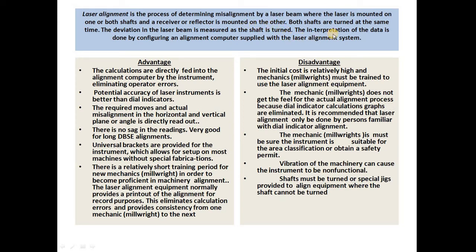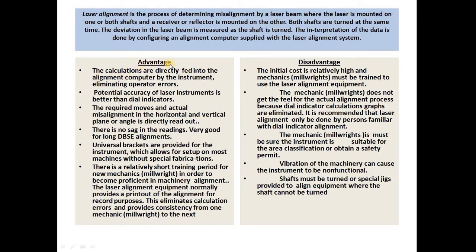We have to rotate both shafts simultaneously, and the readings will be recorded on the computer supplied along with the laser alignment kit, and that will give you the direct result of misalignment, horizontal as well as vertical.